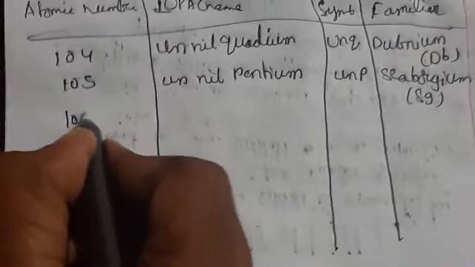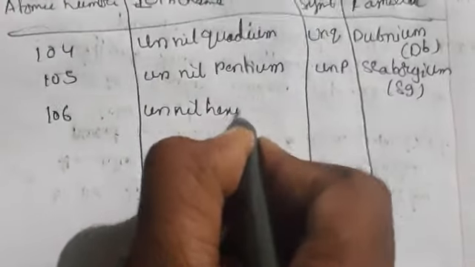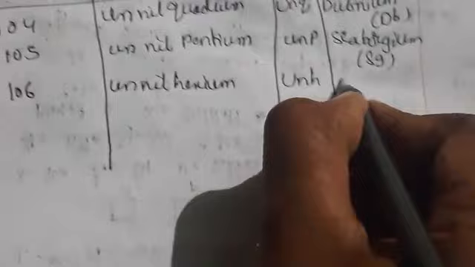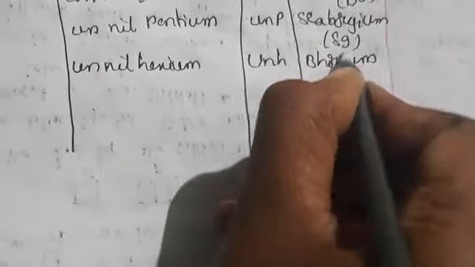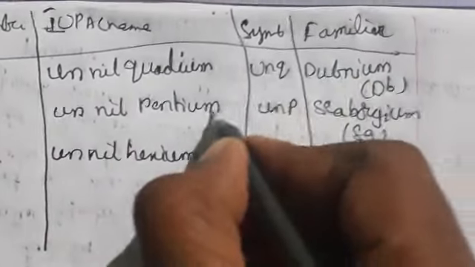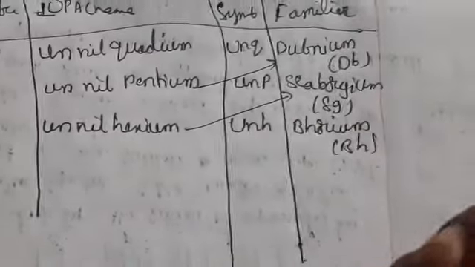If you take 106, it is unnilhexium, with the symbol UNH. The common name for this is bohrium, with the symbol Bh.